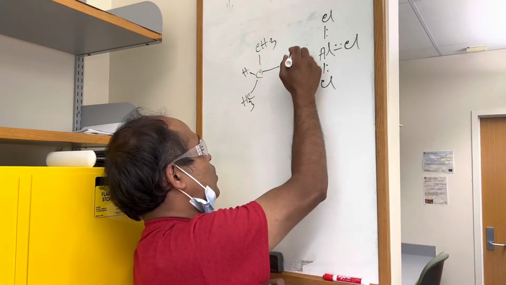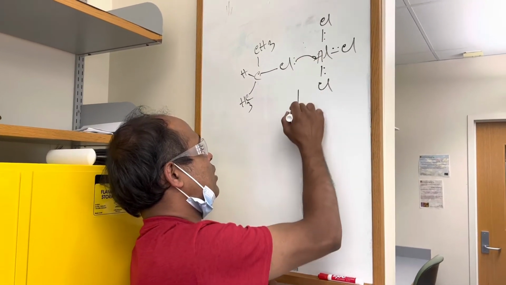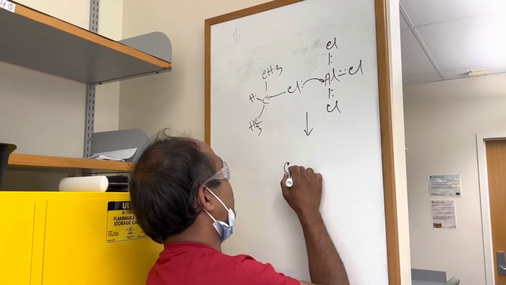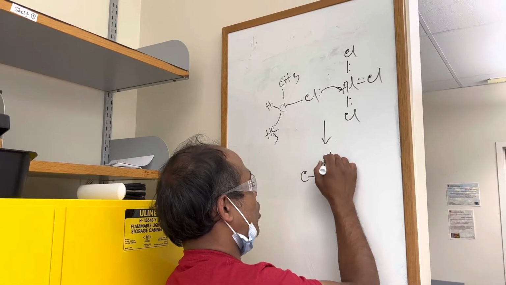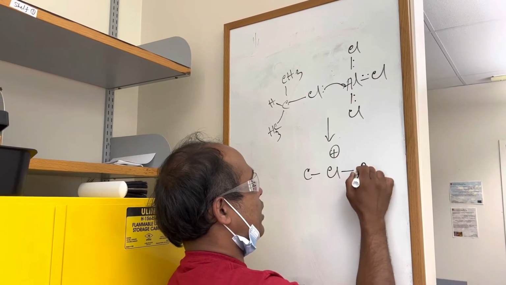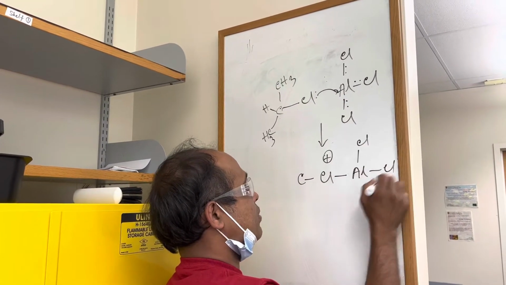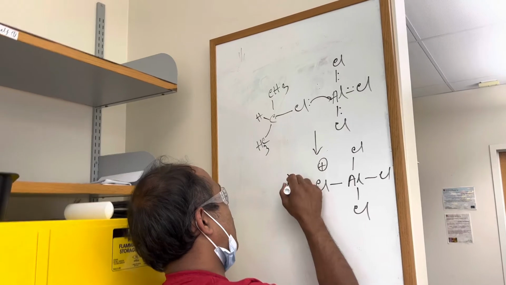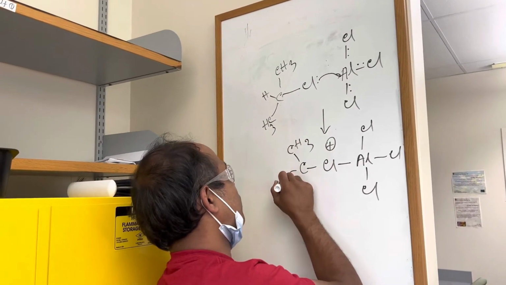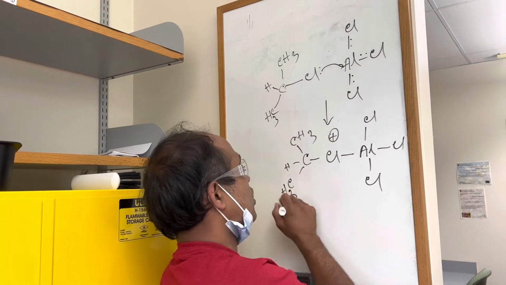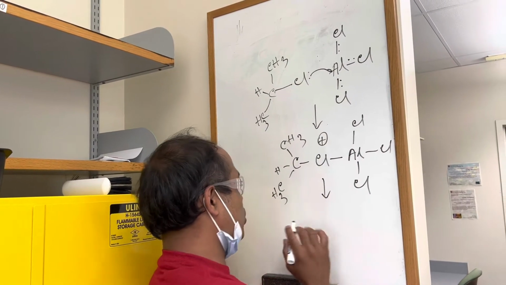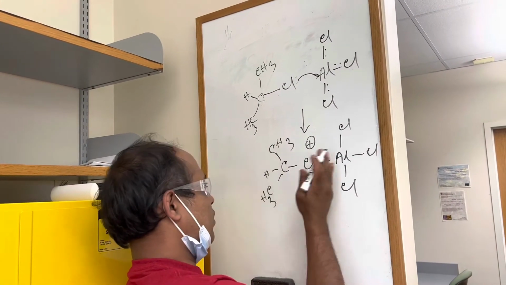So this chlorine will attack here and give a positive charge on the chlorine with aluminum like this, and ultimately it will give two different things.